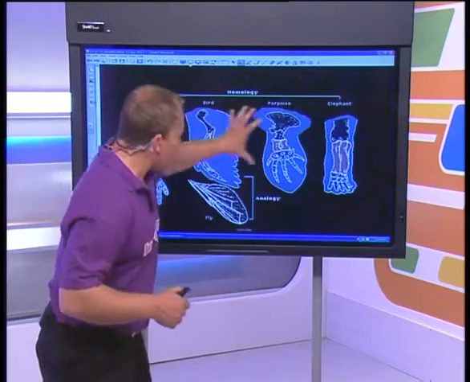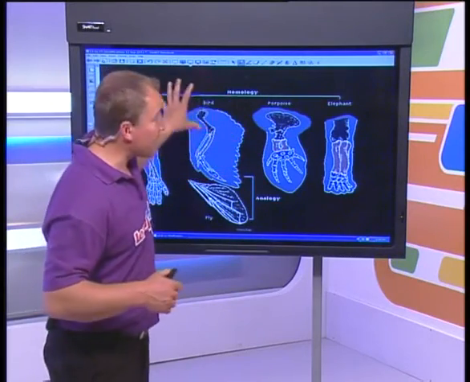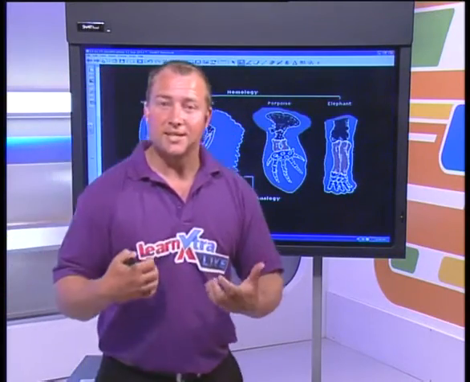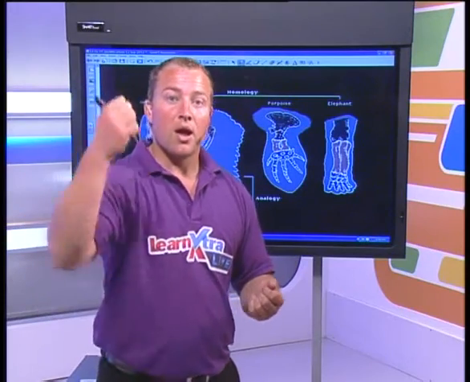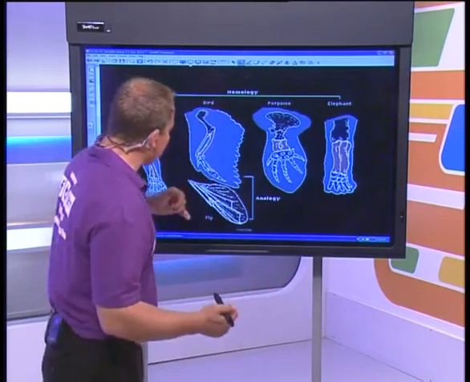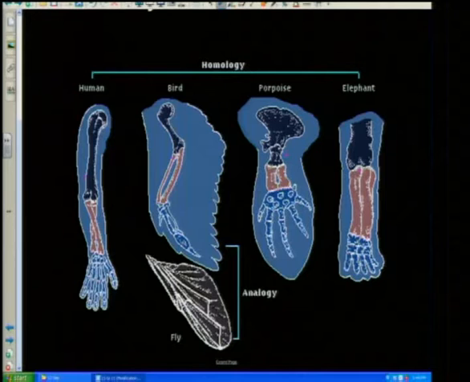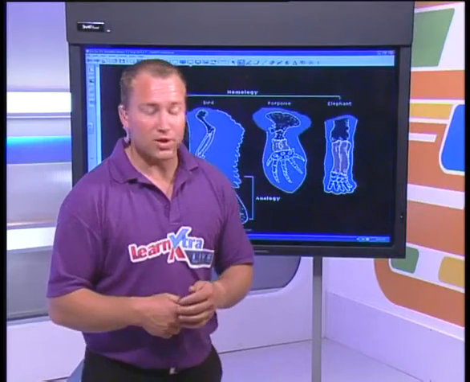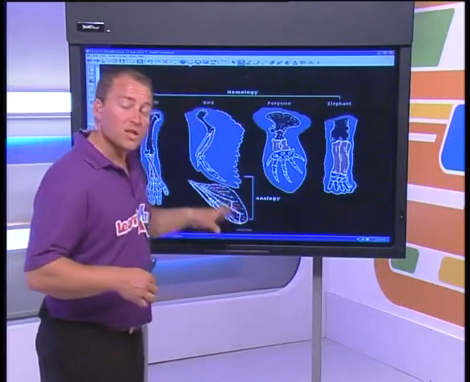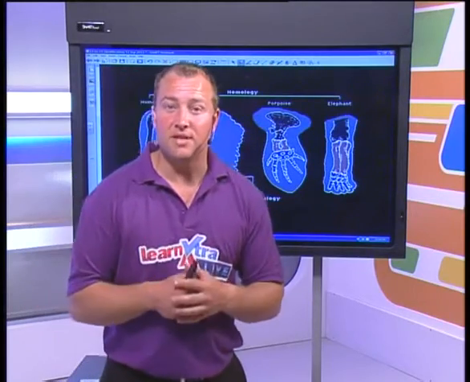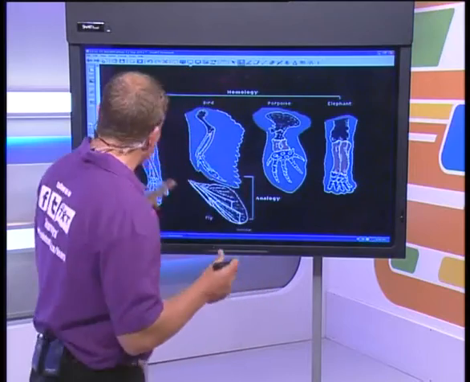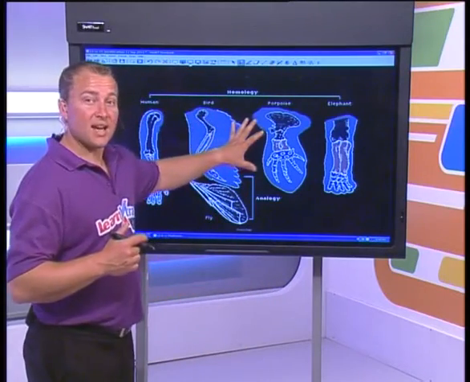So all of these have a different function, but the structure is the same. Okay? Analogous, that means it does the same function, but it has a different structure. So we've got feathers and we've got a thin epidermal layer that actually moves there. Okay, so that is a very nice diagram.